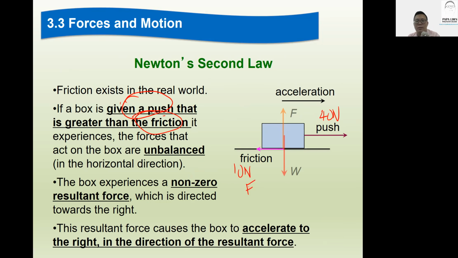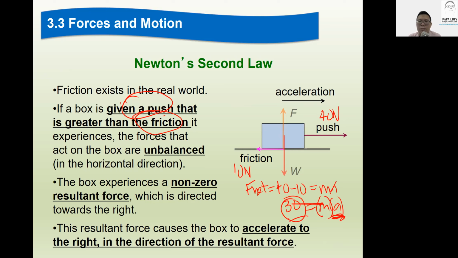So F net here will be 40 minus 10 equal to ma. 40 minus 10 is 30. So ma equal to 30, which means that m is a number and a has to be a number, so there will definitely be acceleration.